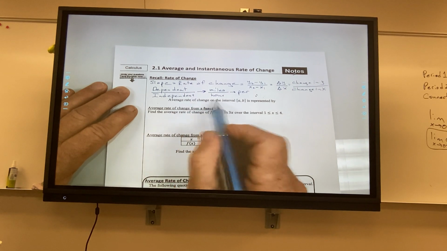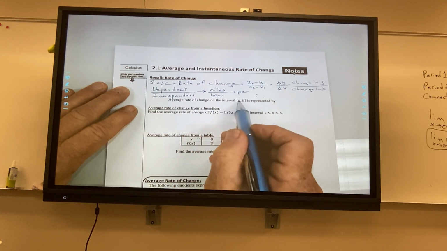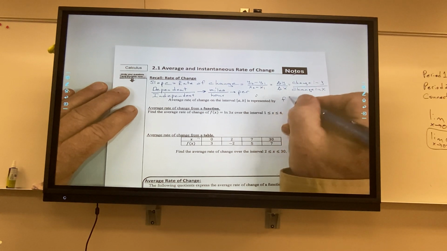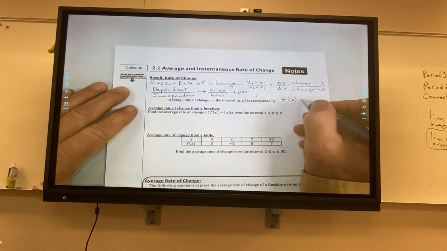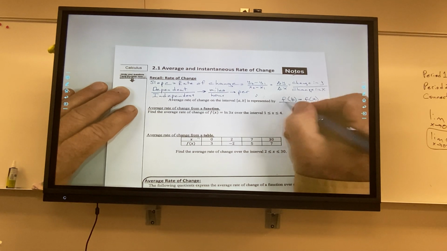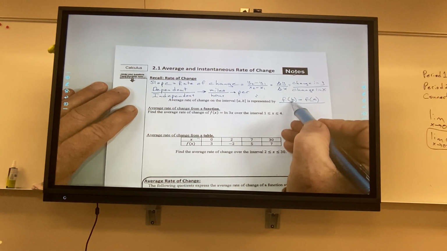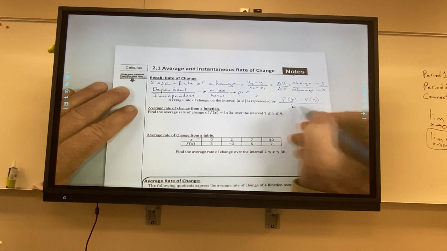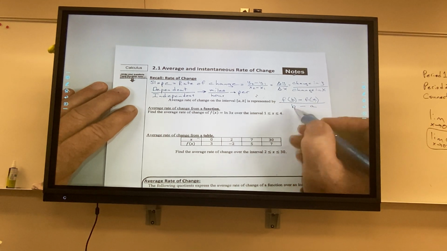Average rate of change on an interval from A to B is represented by f of B minus f of A, over B minus A. So this gives you y1, this gives you y2, this is x1, this is x2.